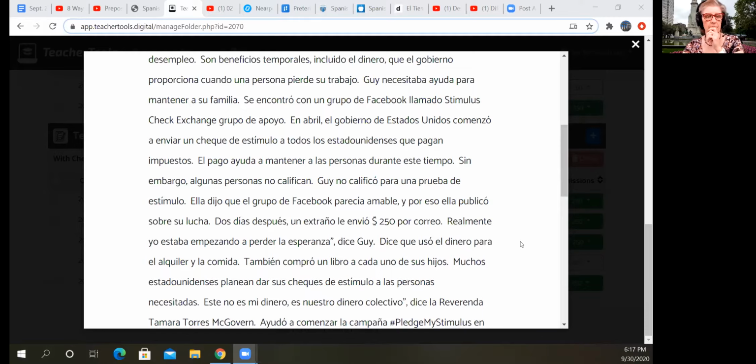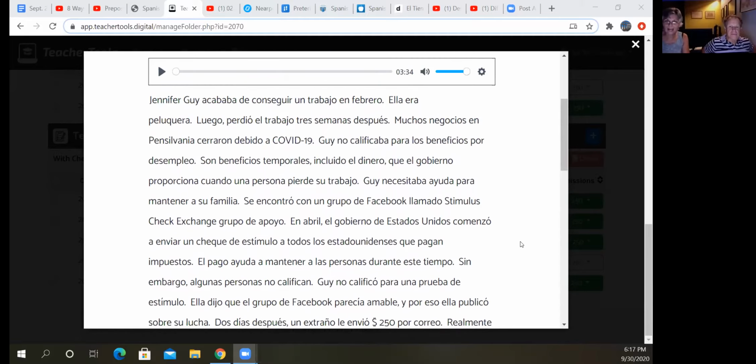Perdón, Juanita? The word calificó and then calificaba, and yeah, that word kind of confused me. I know it's somewhere up there. It is, right after the COVID-19, ganó calificada. And then calificó.